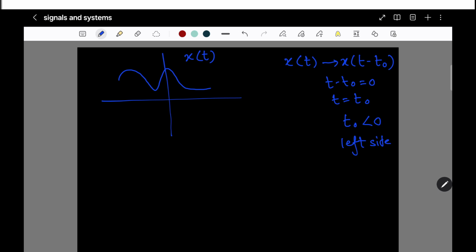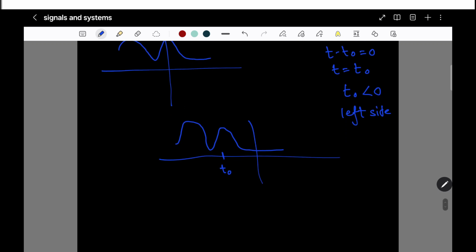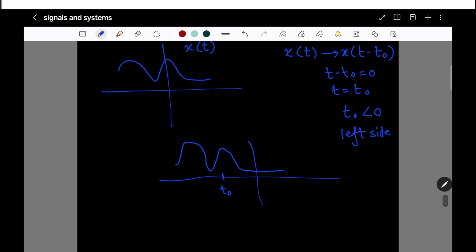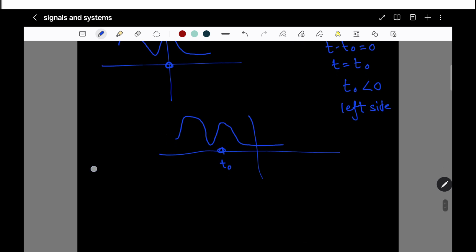So now the signal is moved to the left side by t naught amount. So the point at 0 is now shifted to the t naught point. So it is like this. Now you can see that previously the point which was happening at 0 is now happening before 0 at t naught. So you can say that the signal is advanced, like the signal is starting early.